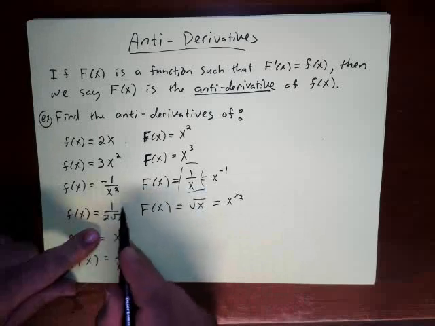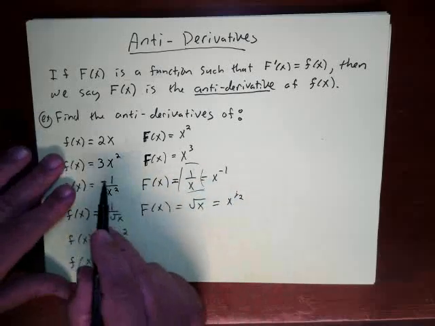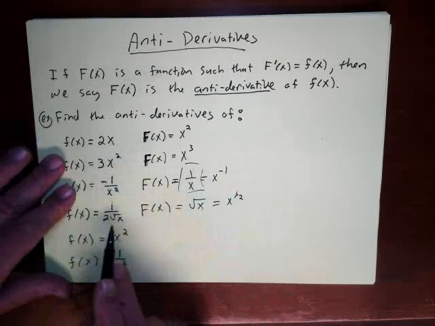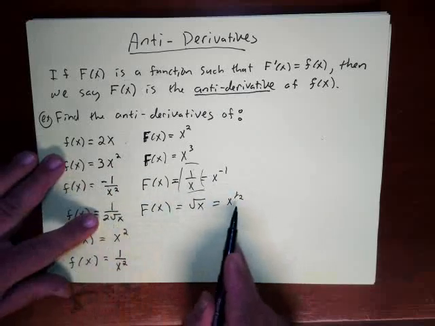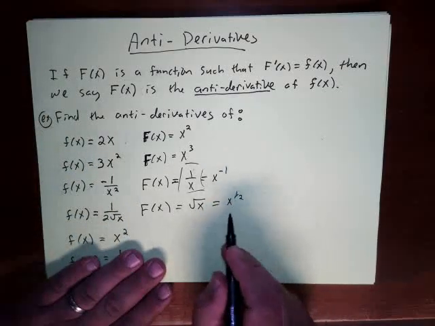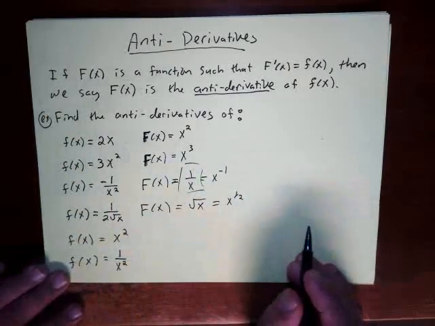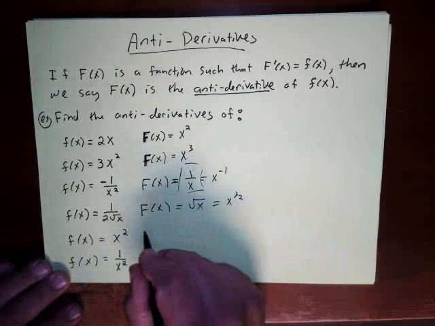So this 1/2 comes from bringing down the 1/2, and the negative exponent brings that down. You probably have done these enough that you just recognize what you get, and you can write it out, take the derivative, and make sure you get that. Now these two are a little more tricky.